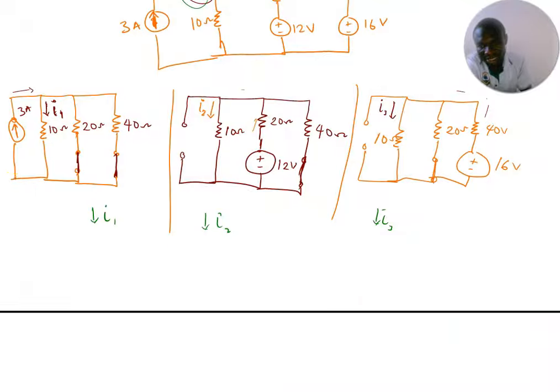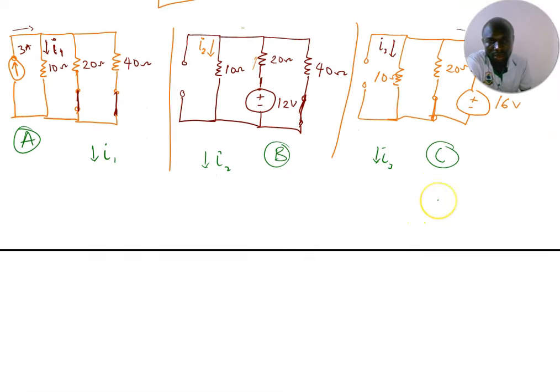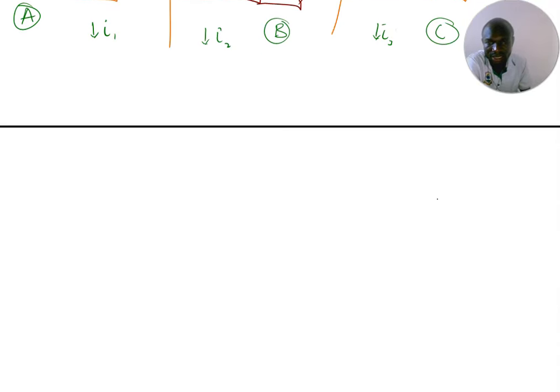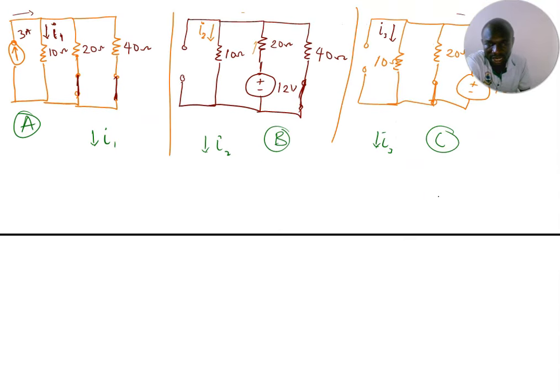So let me call this circuit A, circuit B, and circuit C. Are you okay? So circuit A, circuit B, circuit C. Let me draw circuit A again here. So I have a current source. Then I have a 10 ohm resistor.